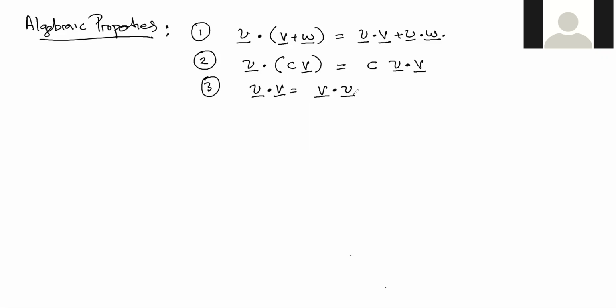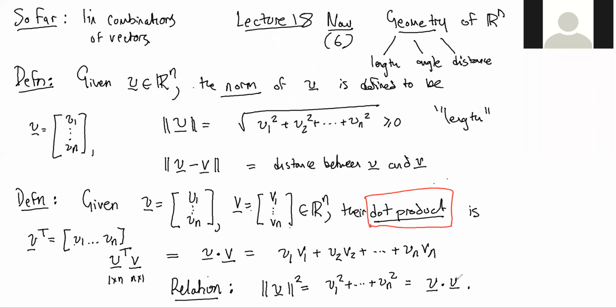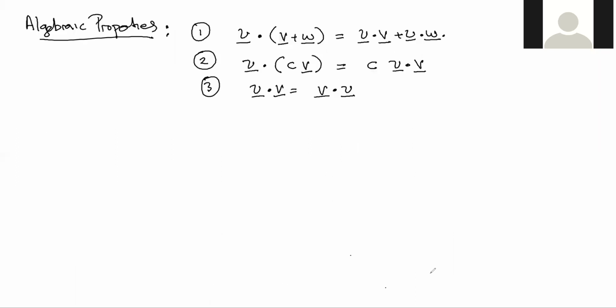But the reason the dot product is so important is that we saw earlier that it encodes length, right? Because the norm is just the dot product of a vector with itself. But the somewhat surprising thing is that it actually also encodes the notion of an angle.